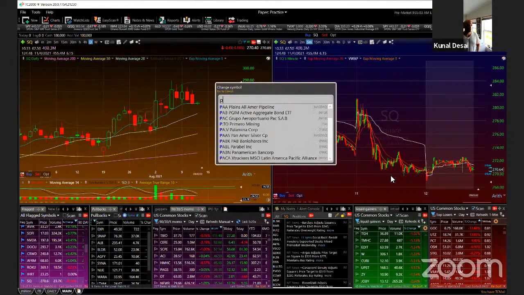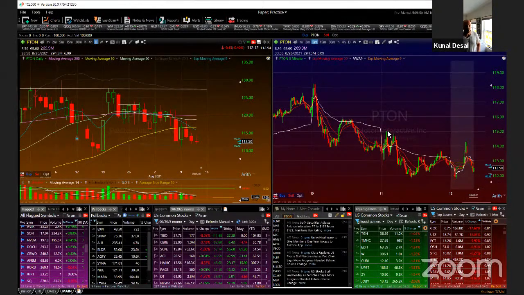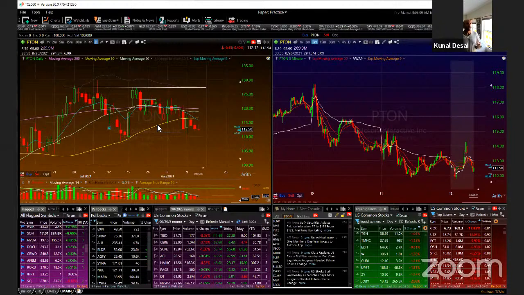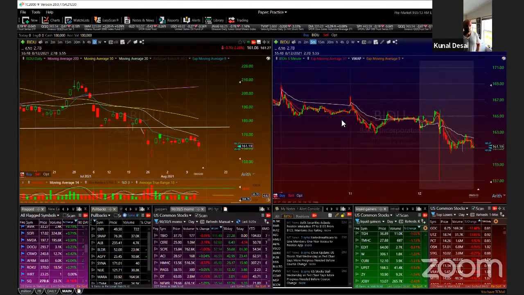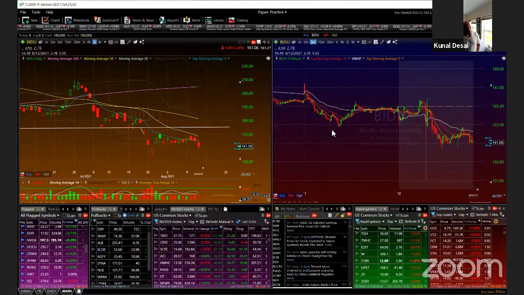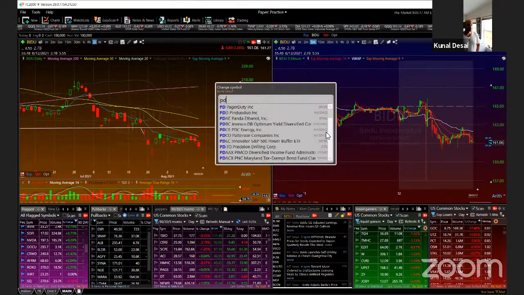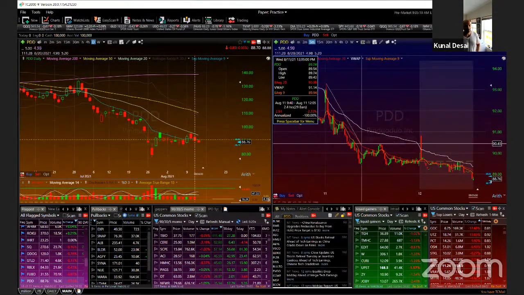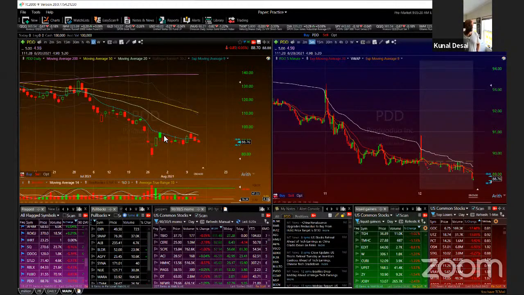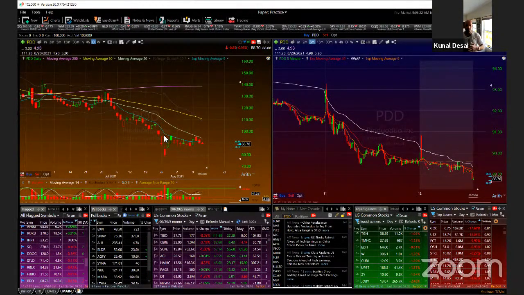AMD popped up at the open, faded off. Peloton popped up at the open and faded off. If you look at Baidu, PDD, you had a pop at the open, and then the gap faded off. So you saw a broad base of stocks pop up at the open and fade off, a broad base of selling happening in the market.